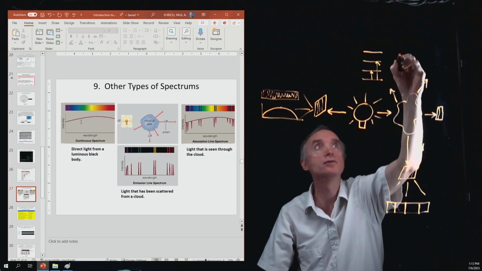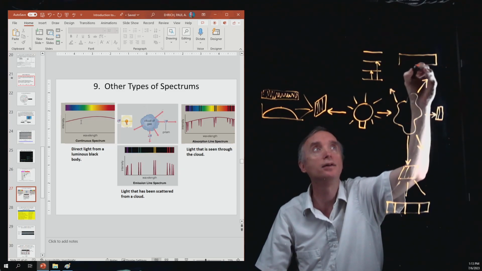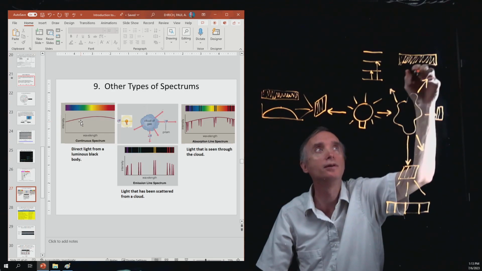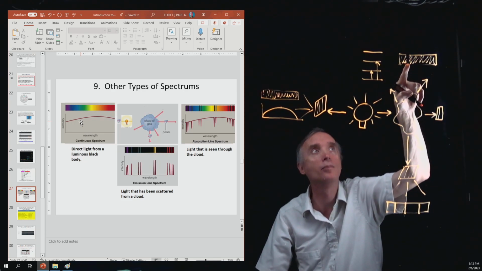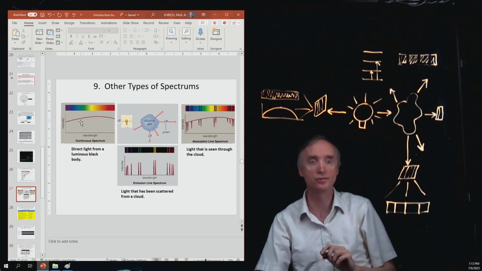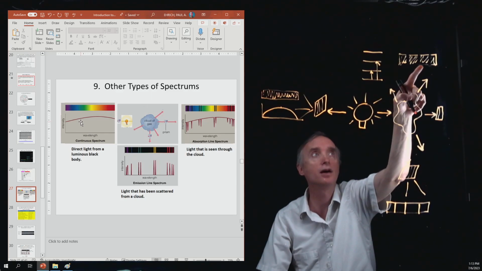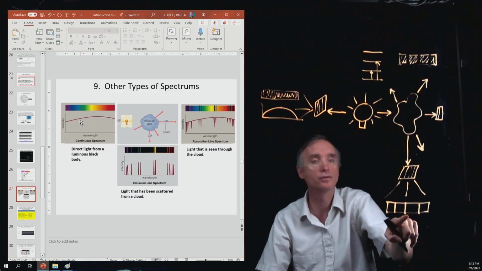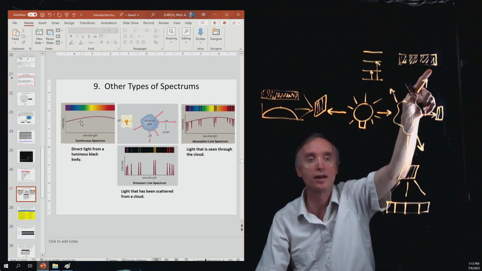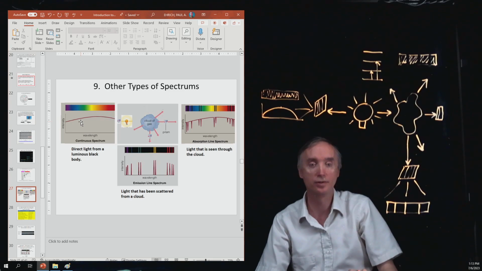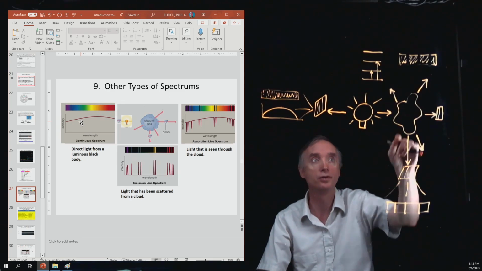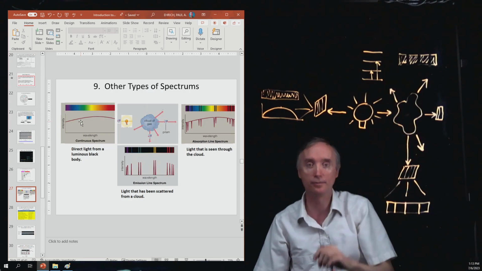So let me put it up here. So what you're going to see is all the colors of the rainbow, and it's kind of hard to do, but then it's going to have missing colors. And these missing colors correspond to these colors down here. So this one here is going to be called an absorption spectrum because the colors of light have been absorbed by the cloud over here.